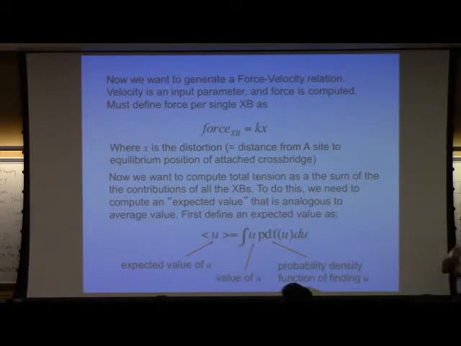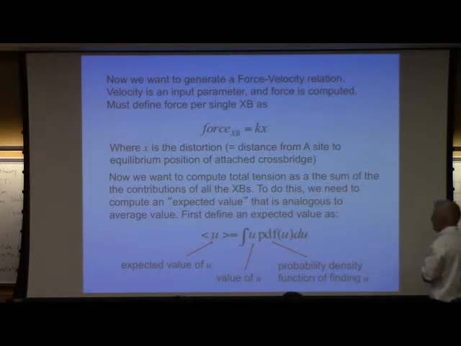Now, the next thing we want to do is compute the force. The force is slightly different than the attachment, and the reason is that the attached cross bridge pulls with a force of K times X. It's like a simple or ideal spring. So if you're an attached cross bridge, the more distorted you are, the more force you generate.